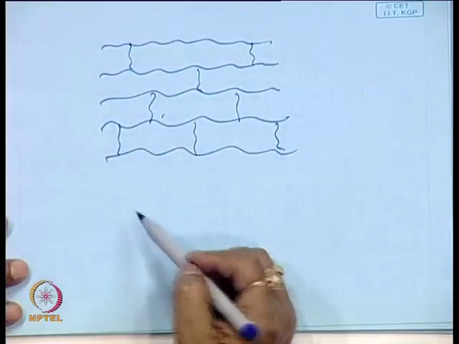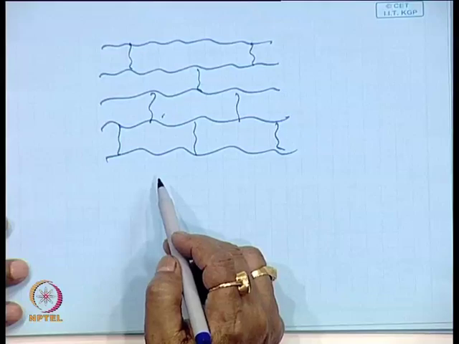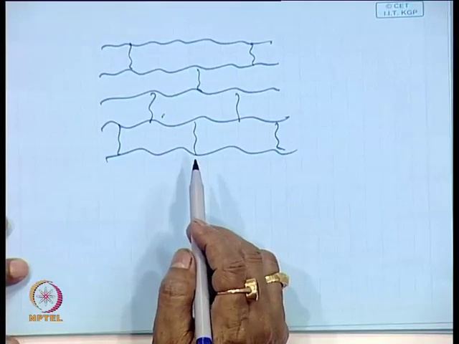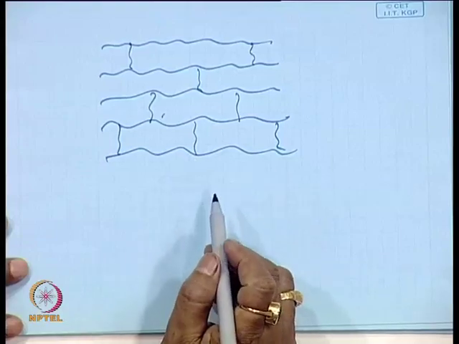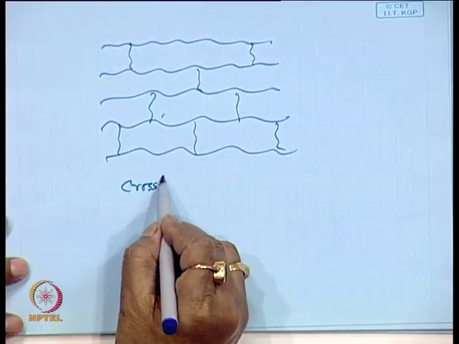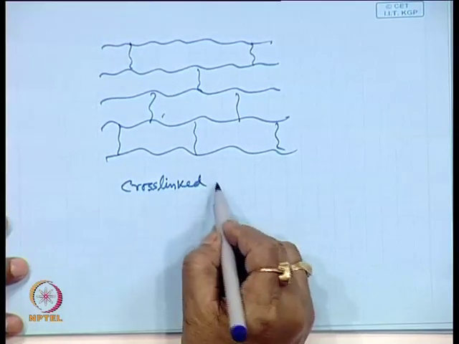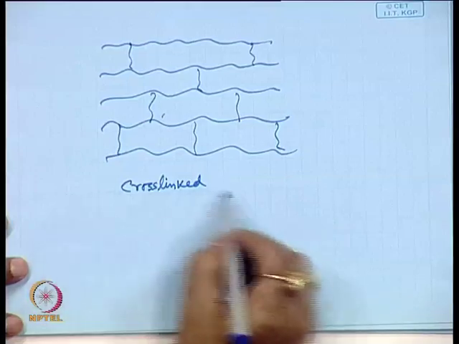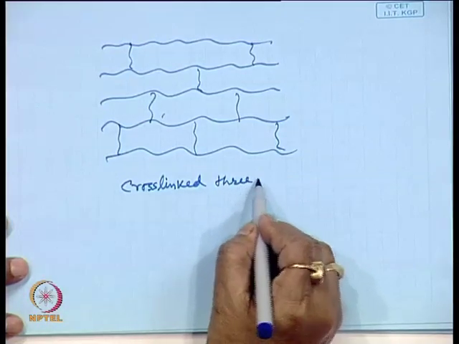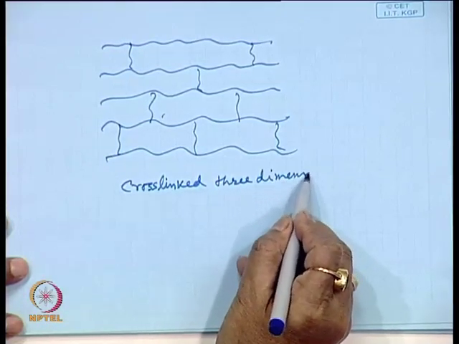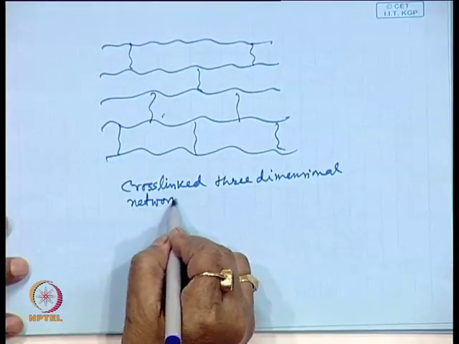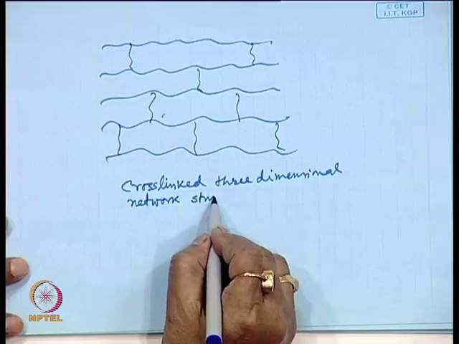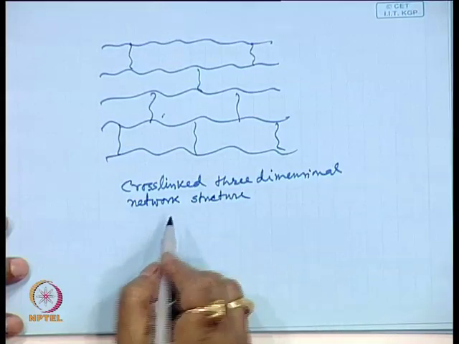This is a planar network structure. We can draw a three-dimensional network structure as I showed you earlier. So, this is a cross-linked three-dimensional network structure.